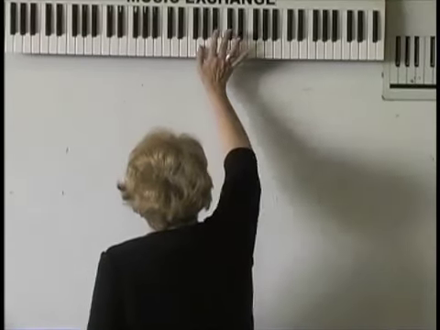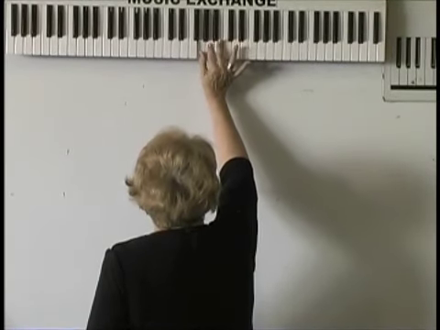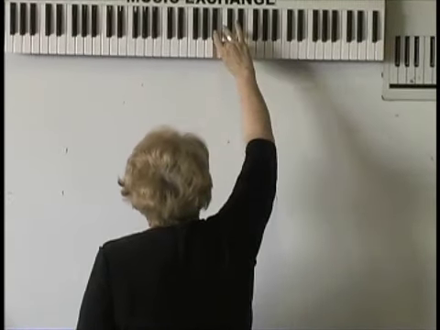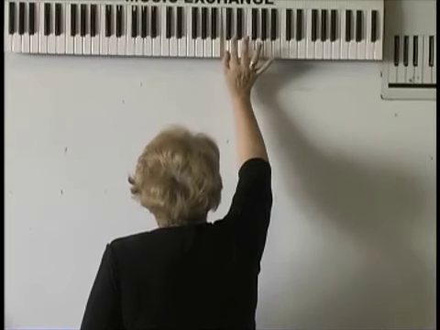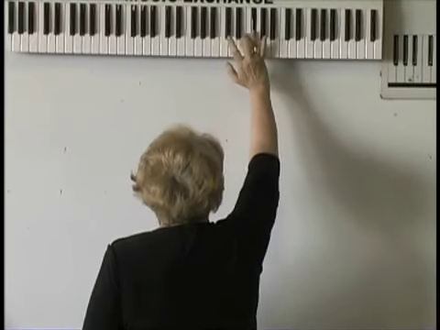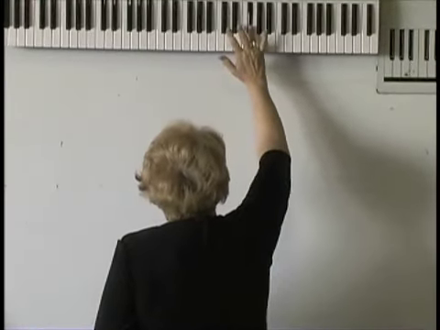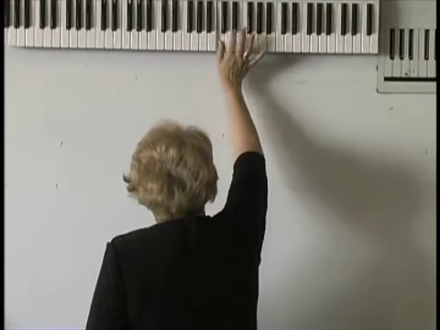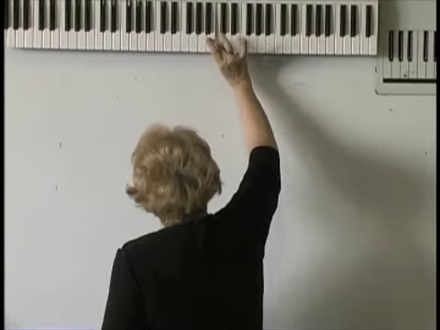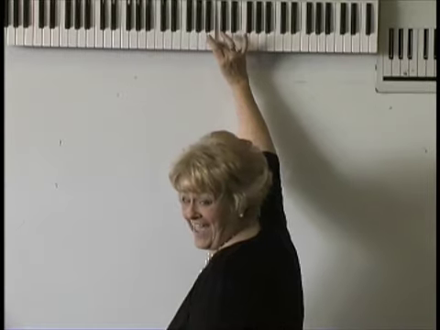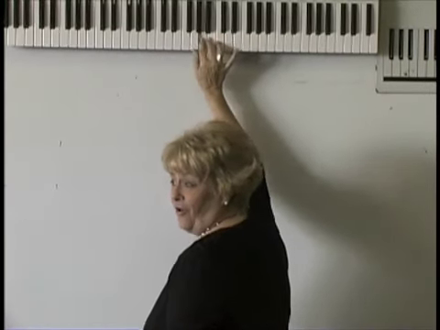Again, if I start on G, 1, 2, 3, thumb under, whole step, whole step, whole step, half. Coming back down, I use up all 5. 5, half step, whole step, whole step, whole step. When my 3rd finger goes over to finish, it's a half. Half, whole, whole. And I'm done.